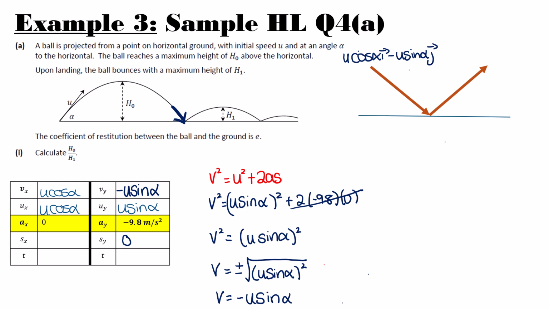They're both going to the right. So the only bit that's going to change is the j part, which means this vector here is going to be u cos alpha i still, but we need to figure out the new j part. So we can call that plus xj. And that's the bit that we're thinking about.